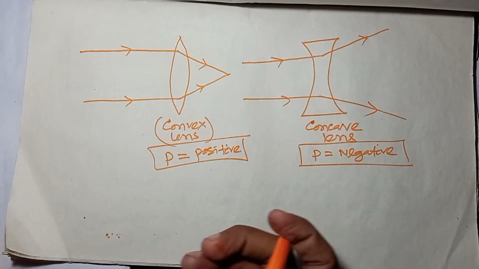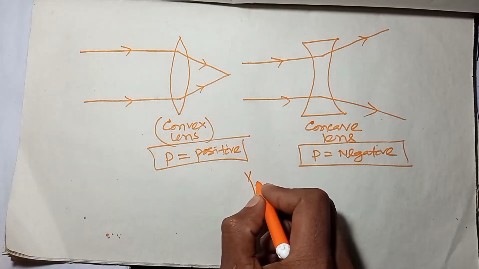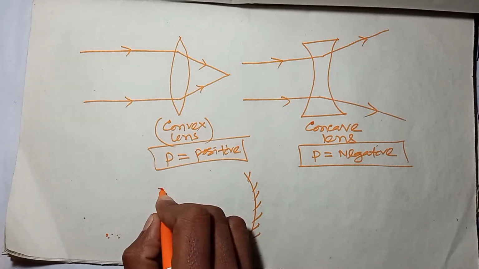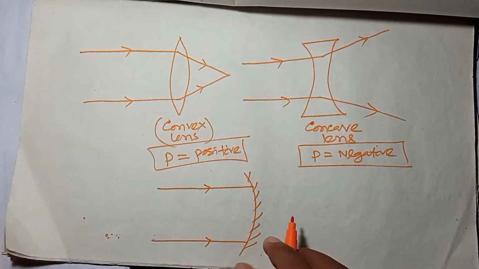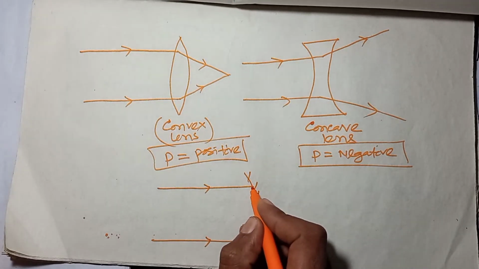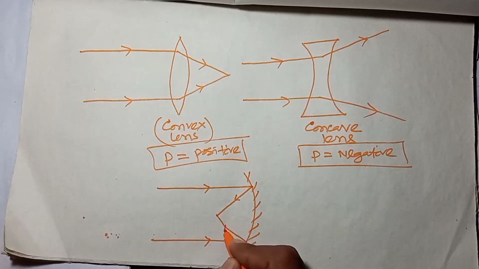Similarly, let's see this concave mirror, and these are the parallel incident rays. After reflection these rays pass through the focus, that means they are converged.